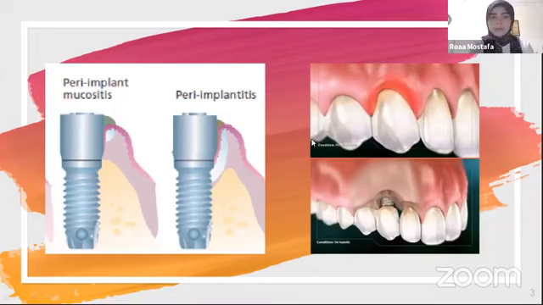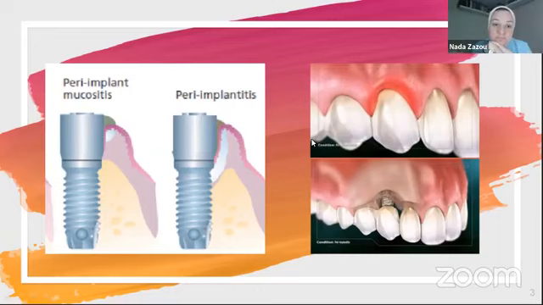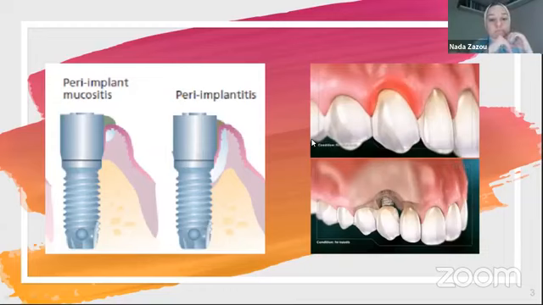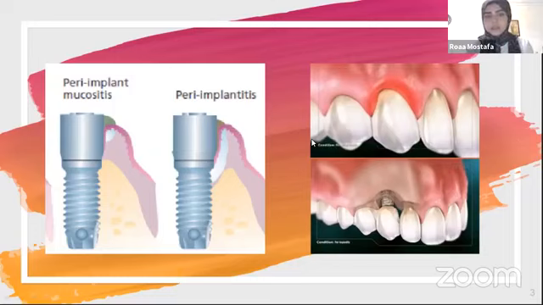Of course, gingivitis is reversible, and the same for mucositis, and peri-implantitis as periodontitis, we can stop the progression, but it's not reversible. You cannot go back to the original state.